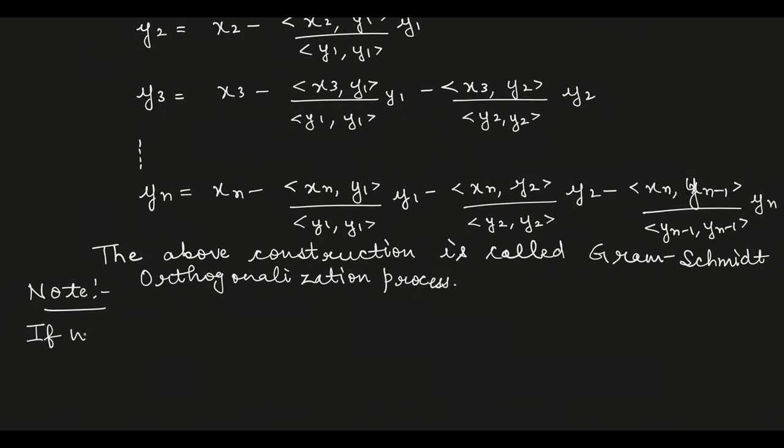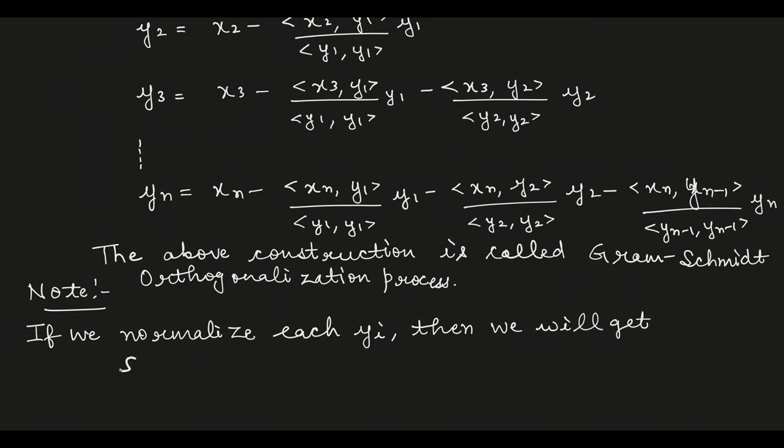If we normalize each yi, then we will get, so normalize means I will divide every vector by its norm: y1 divided by norm of y1, y2 divided by norm of y2, and so on.